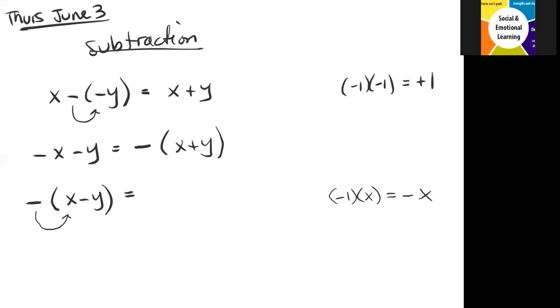So the first term here is going to be negative x. And then we're going to apply that negative again to a negative y. So it's like we have -1 times negative y. Are we going to get a positive y or a negative y here? Positive.